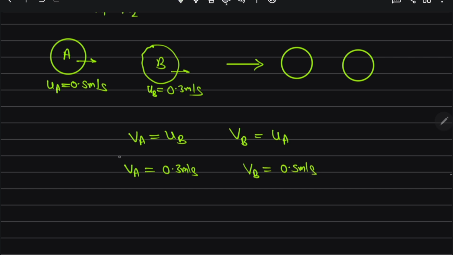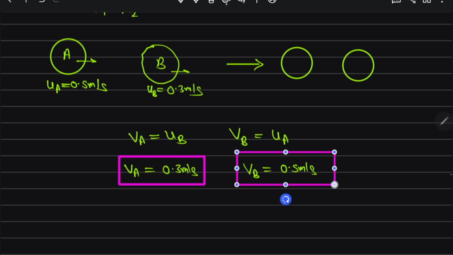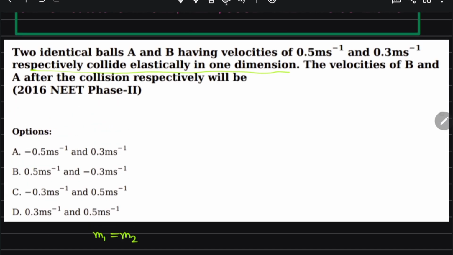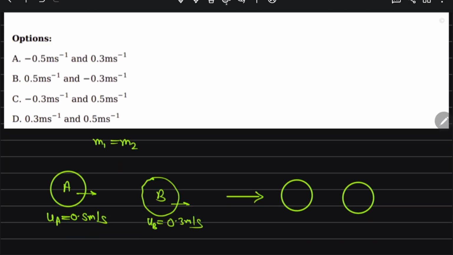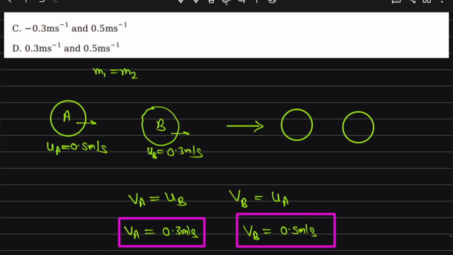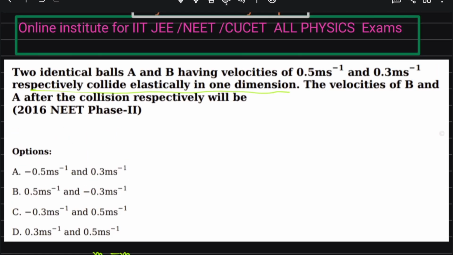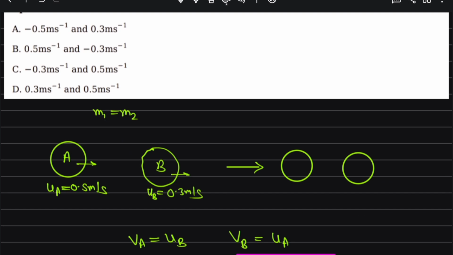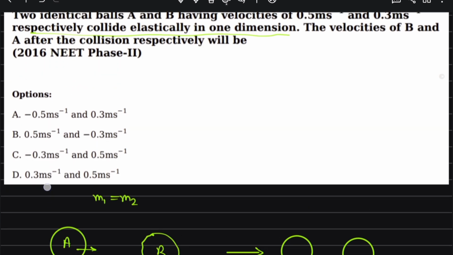And here is one more confusion people have in this question. If they had mentioned that the second body is moving in the opposite direction, we could put a negative sign, but here they didn't mention anything about the direction, so we have to assume that both are moving in the same direction, right?